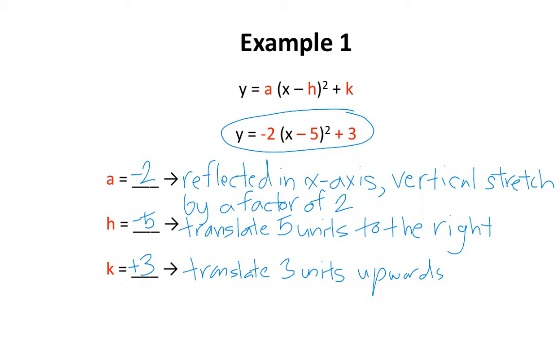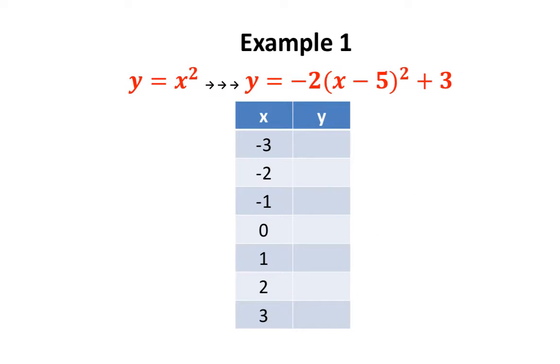As you can see, interpreting the meanings of these different values is very important before we start graphing. We're going to begin with our base parabola before we do any transformations. So I have a table of values, and you want to determine the y values for these given values of x. That should be pretty simple.